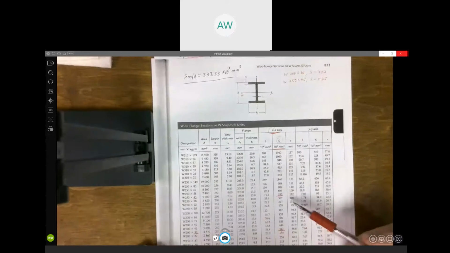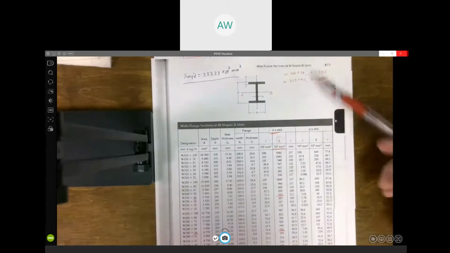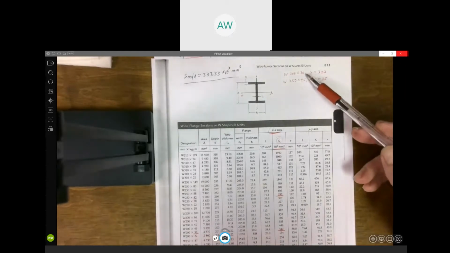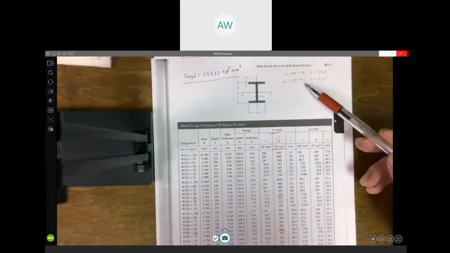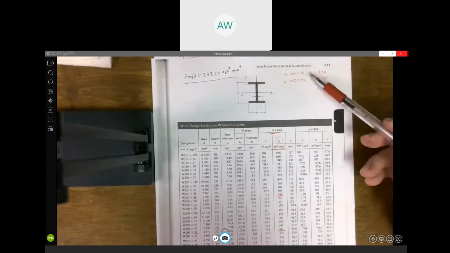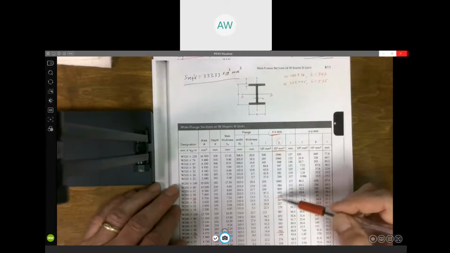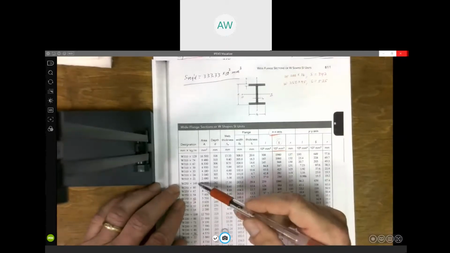So that's way strong enough, way more than we need. But between those two, the W200 by 36 would be a better choice because it's lighter, it's cheaper. This one's heavier, so we definitely don't want that one. But let's continue, and maybe we can find one better than the W200 by 36. So everything above that, you can see, just gets heavier.